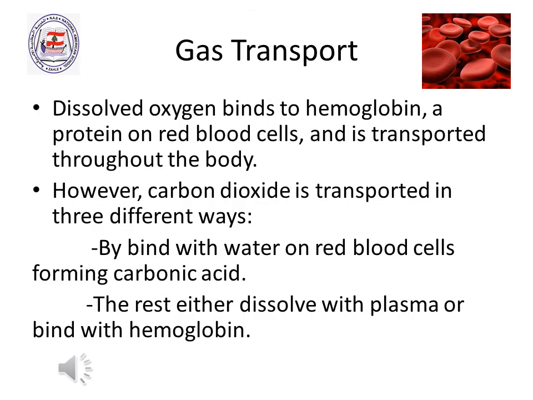The oxygen and the carbon dioxide are transported through the blood. Dissolved oxygen binds to hemoglobin, a protein on red blood cells, and is transported throughout the body. However, carbon dioxide is transported in 3 different ways. They bind with water on red blood cells, forming carbonic acid, and the rest either dissolve with plasma or bind with hemoglobin.